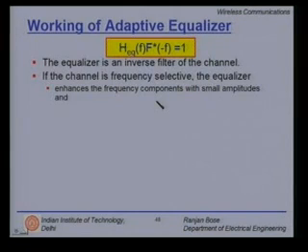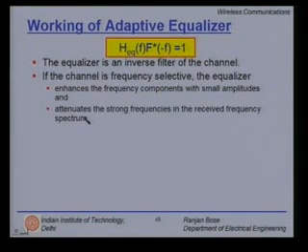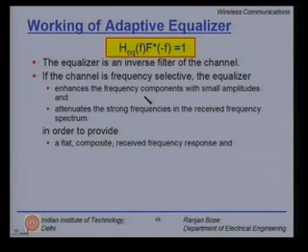It tries to undo the effects of the channel, that is, it enhances the frequency components with small amplitudes and at the same time attenuates the strong frequencies in the received frequency spectrum. So, it reverses whatever is done by the channel, and this is done in order to provide a flat, composite received frequency response as well as a linear phase response.